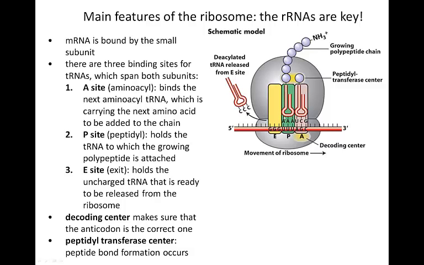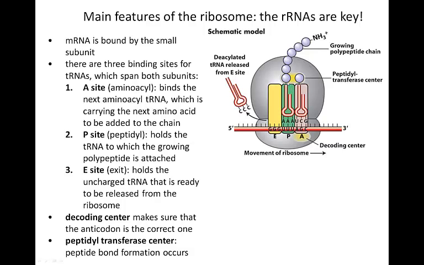So these three sites where transfer RNAs can be bound are called, first of all, on the right, the aminoacyl site, or the A site. This is the next charged tRNA, the one that is just coming in. The middle one is called the P site, the peptidyl site, and this is the one that actually holds the growing chain of amino acids, or the polypeptide.